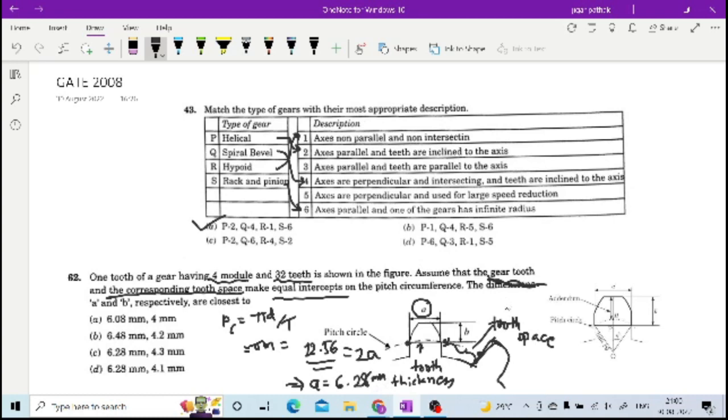Now in order to calculate B, what you have to do is, you have to calculate first this distance OP, right? If you see this figure, that is why this hint is given for this particular question, right?